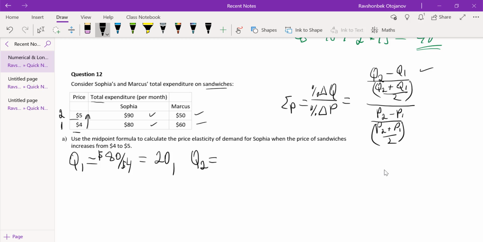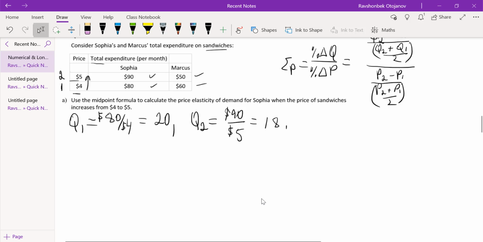Quantity 2, the same applies here: $90 over now $5 per sandwich, so that gives us 18 units of sandwich. Yeah, right. So now we have the quantities, we can plug them into the elasticity formula.